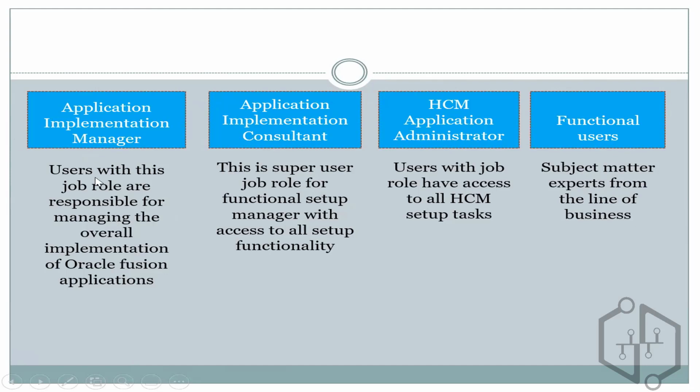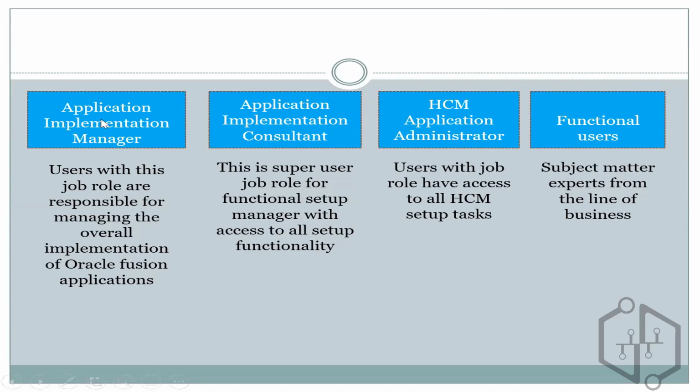Application implementation manager: users with this job role are responsible for managing the overall implementation of Oracle Fusion application. Application implementation consultant: there is a super user job role, functional setup manager, with access to all setup functionality.